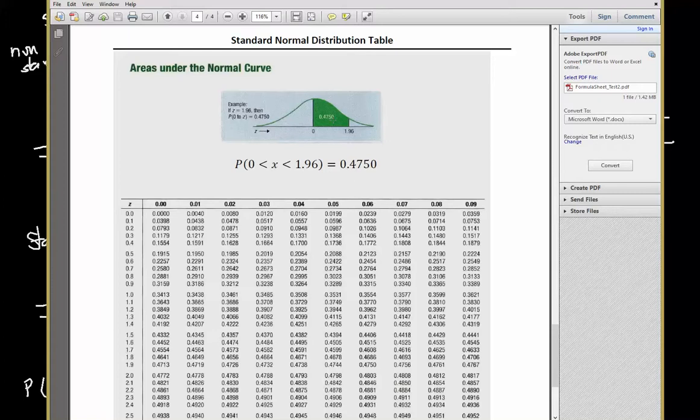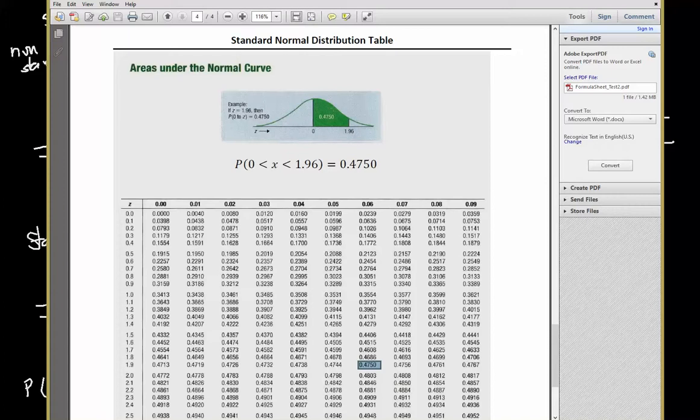So to find this area, we look up 1.9 and then we go over to 6, and you see it's 4750. That's how we use this table. The reason there's only one side of this table is because it's symmetrical. Whatever is on one side is the same as the other side, but you have to be careful of the negatives since it starts at 0 for the mean.